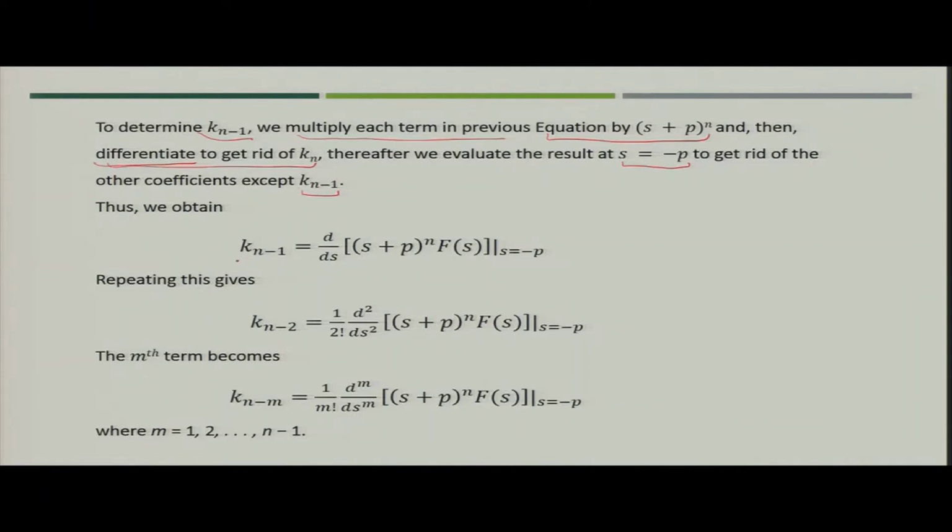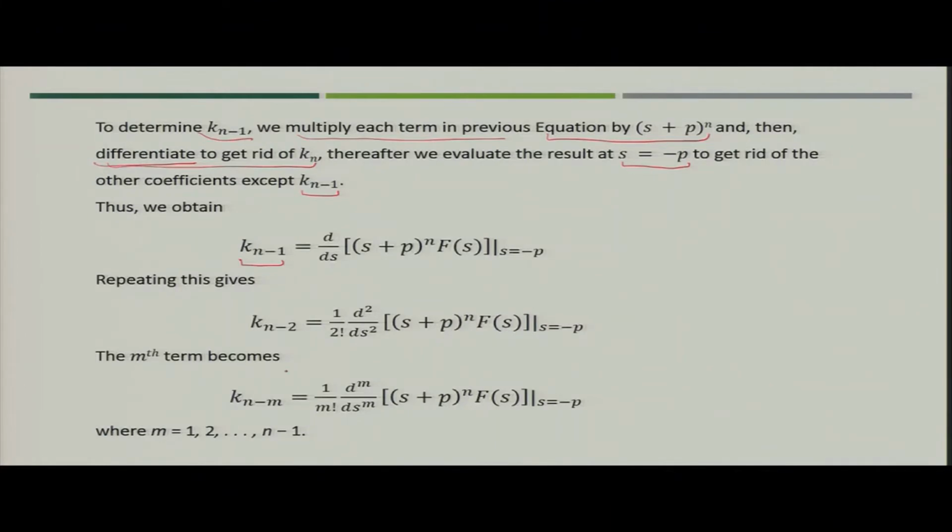So, K_(n minus 1) is nothing but d by ds of (s plus p) to the power n F(s), evaluated at s equals minus p. Similarly, for others also you can calculate. For K_(n minus 2), it will be 1 upon 2 factorial times the second order derivative d2 by ds2 of (s plus p) to the power n F(s), evaluated at s equals minus p.